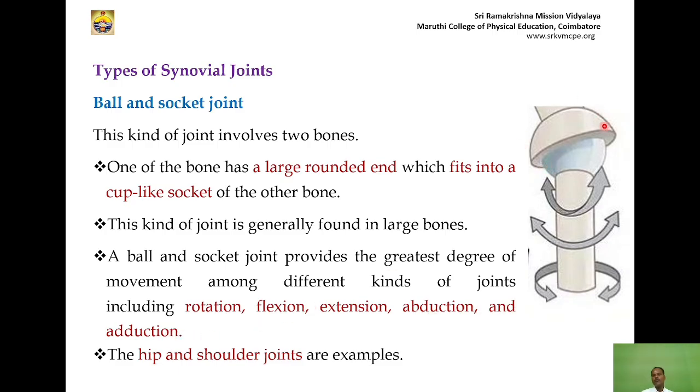So all the movements are possible in the ball and socket joint because of the alignment of the bones: a large rounded end fits into a cup-like socket. The examples are the hip and shoulder joints.